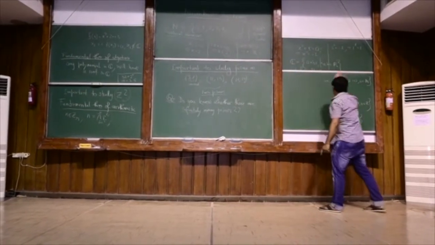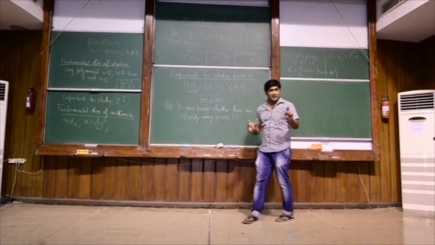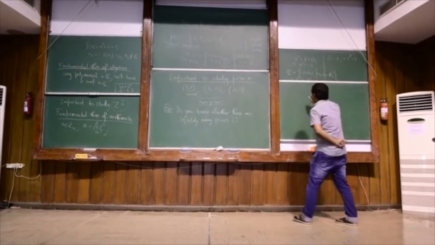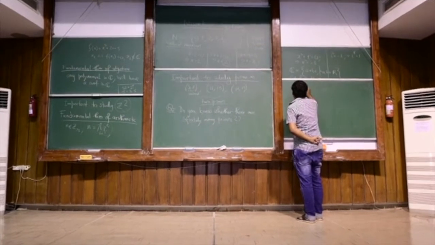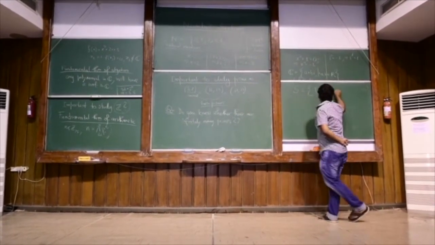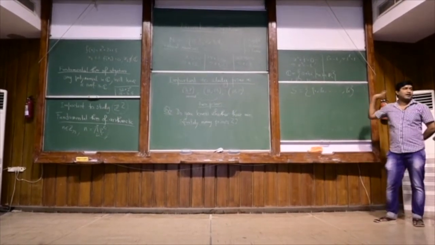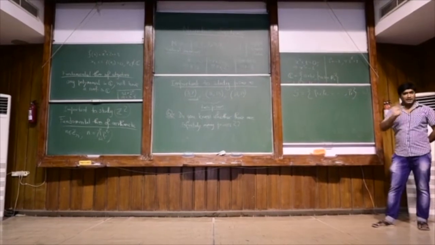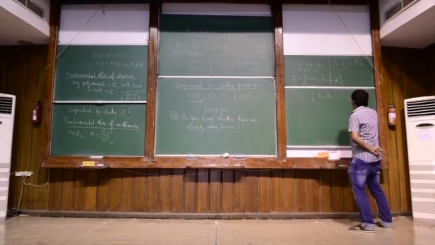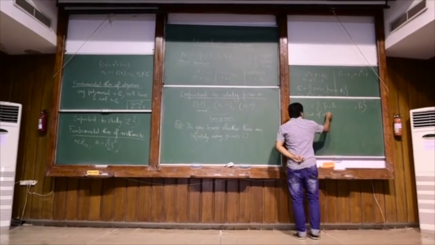So as one opinion says, there are finitely many primes, right? Okay, so let me take some set S, such that P1, P2, up to PR. This is a finite set I can take for R sufficiently large, right? So now this is what I have taken, the set of all primes, right?